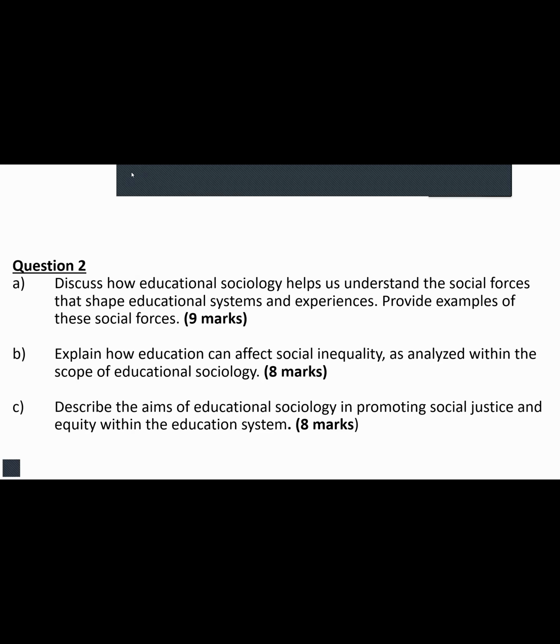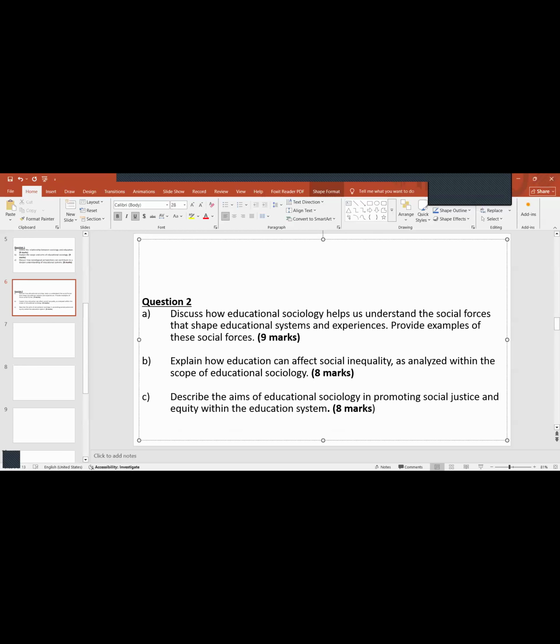Provide examples of these social forces. We have discussed them. Explain how education can affect social inequality as analyzed within the scope of educational sociology. Describe the aims of educational sociology in promoting social justice and equity within the educational system. We don't have time to discuss the answers, but I will just show you the questions.